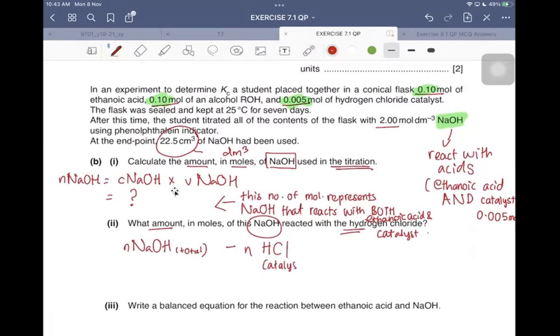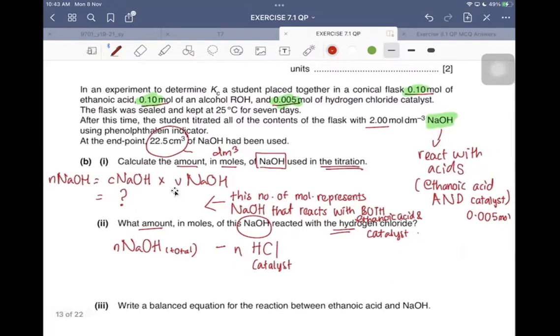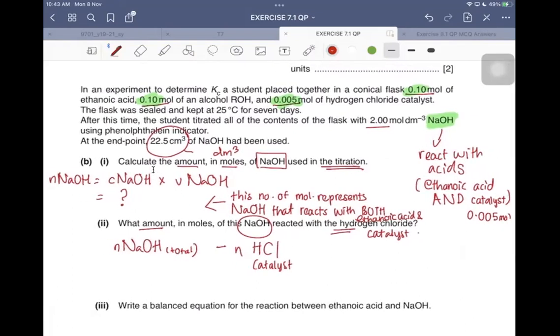Oh, okay. So the catalyst is actually HCl. I just put down H plus, which is fine.